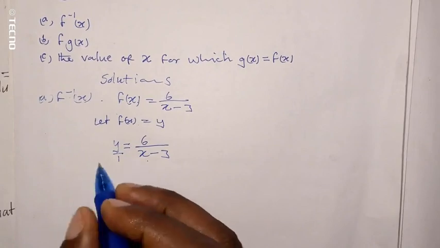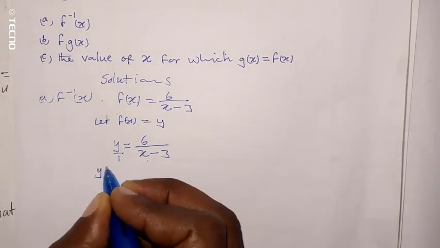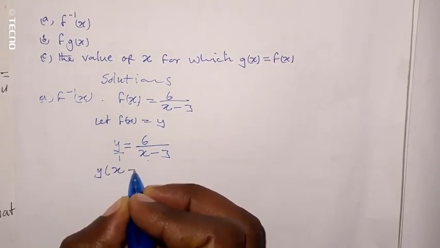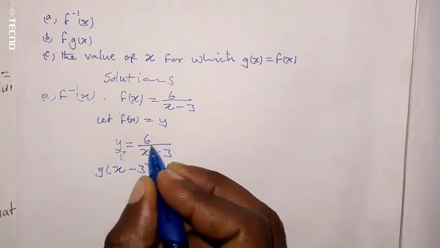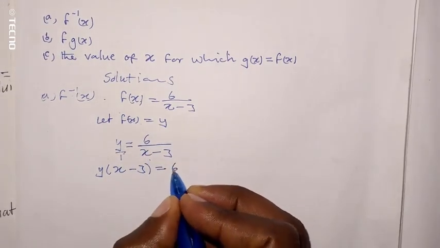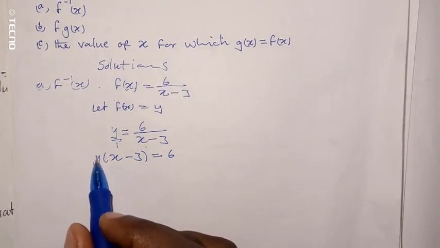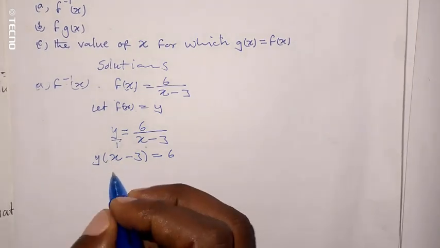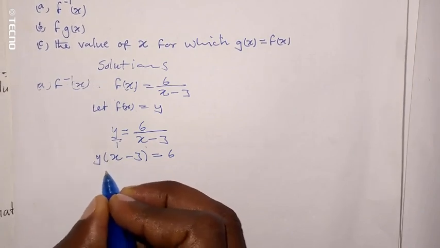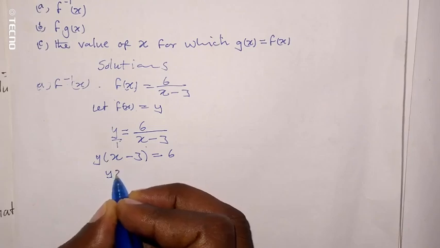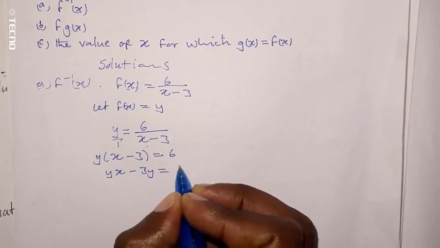This times this will give us x minus 3, in brackets, is equal to this, and this will get 6. Then y times this will get yx, or xy, then minus 3y is equal to 6.